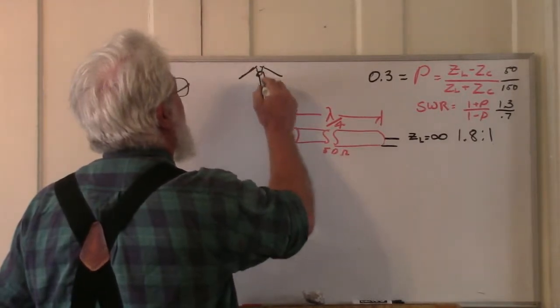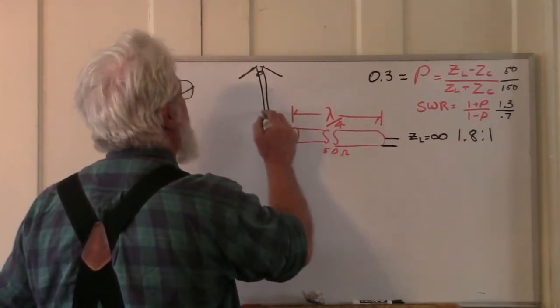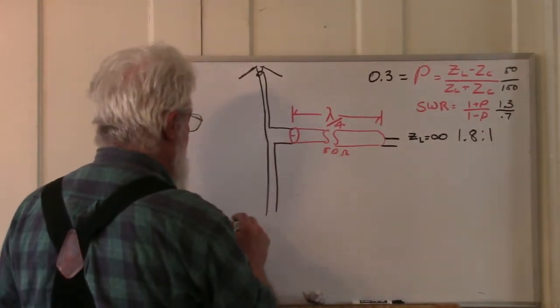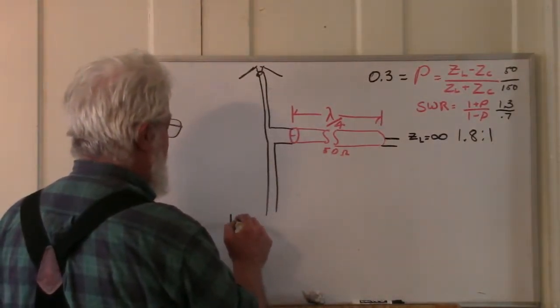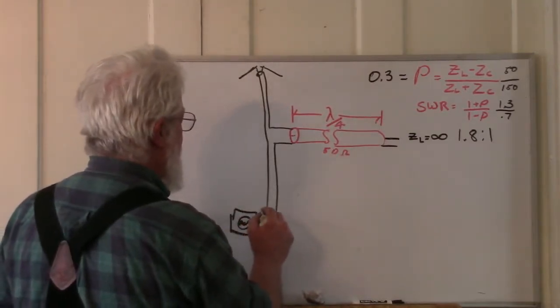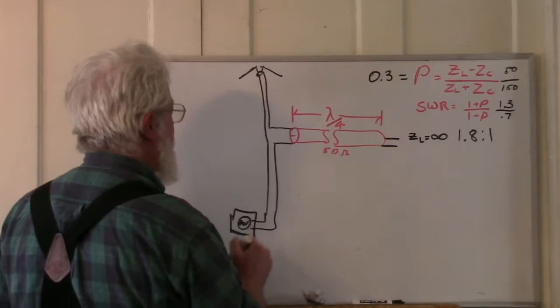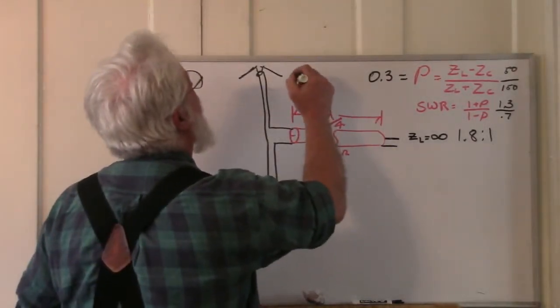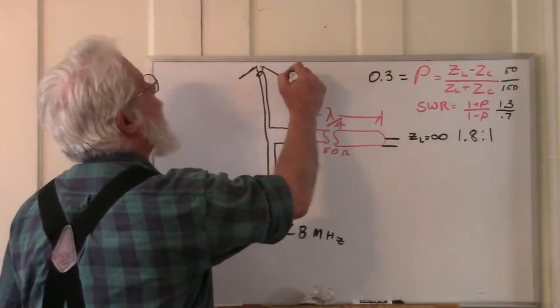And I come down here, and here's my radio. Okay. And let's say this is my 10-meter antenna up here.